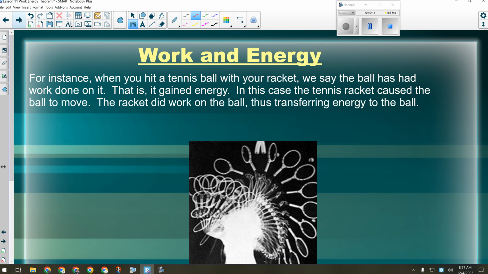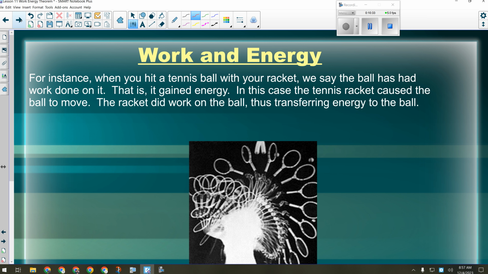So much research has gone into applying the work-energy theorem to practical situations. One of the best places we see that is actually sport science, in particular in the development of equipment and technique.